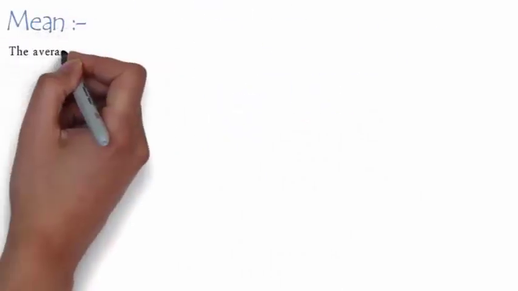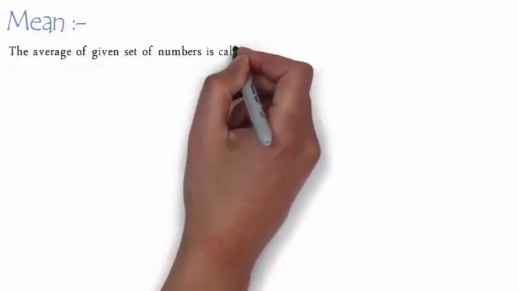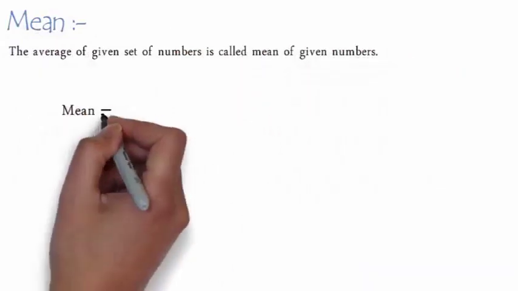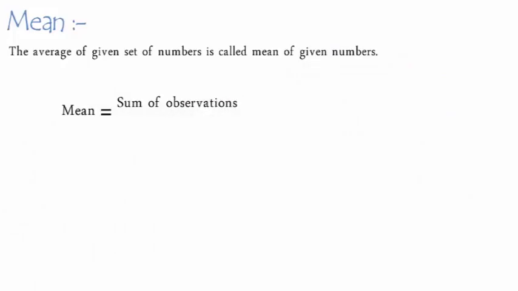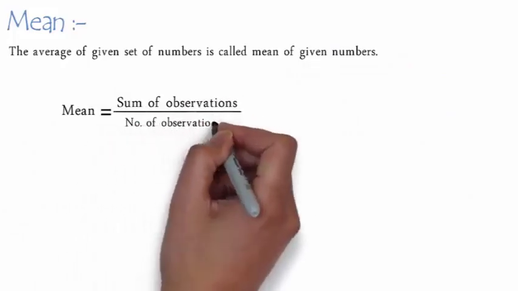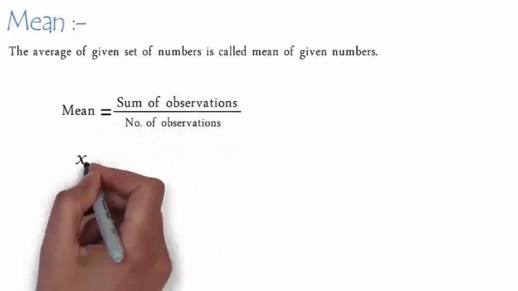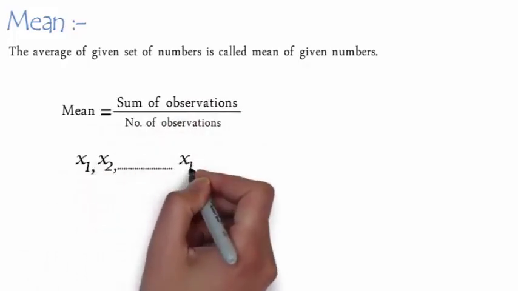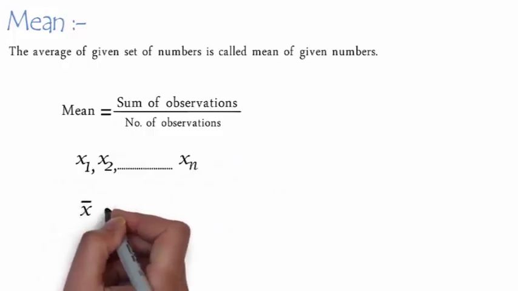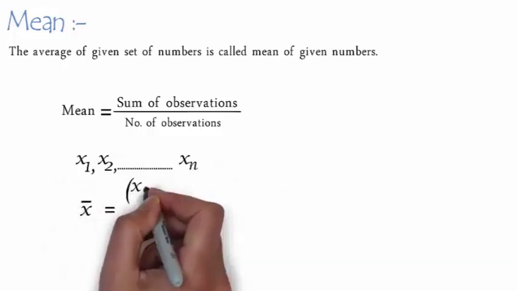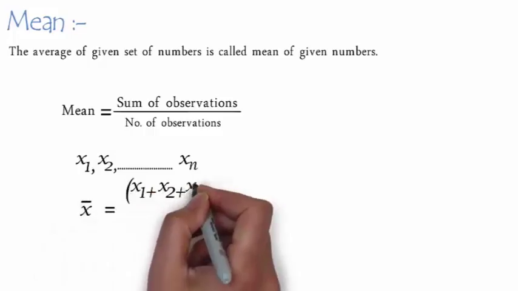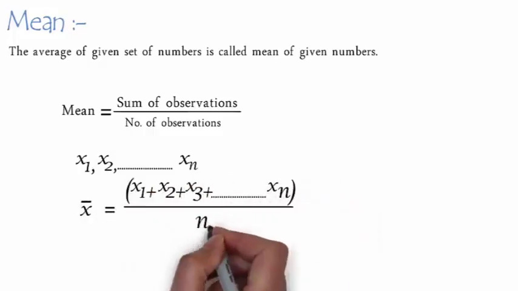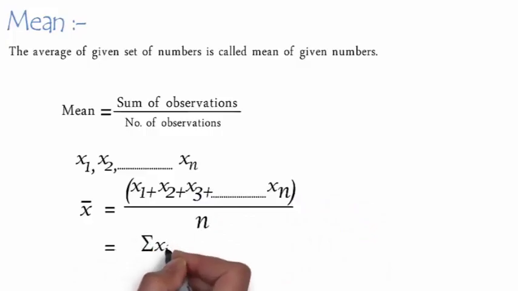Mean. The average of a given set of numbers is called the mean of the given numbers. That is, mean is equal to the sum of all observations divided by the number of observations. Therefore, the mean of n observations x1, x2 till xn is given by x bar, that is mean, equals x1 plus x2 plus x3 till xn, whole divided by n, that is summation of x divided by n.